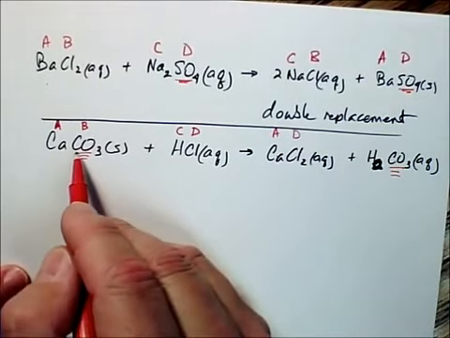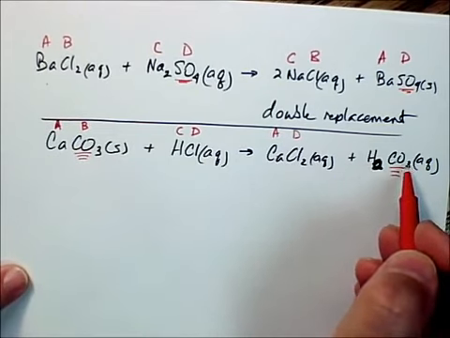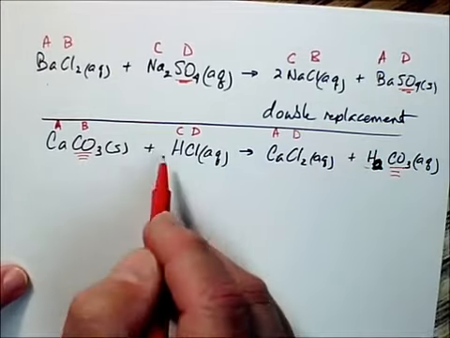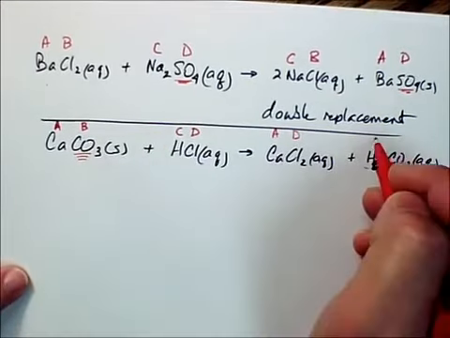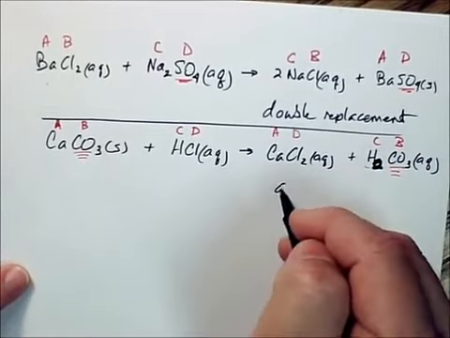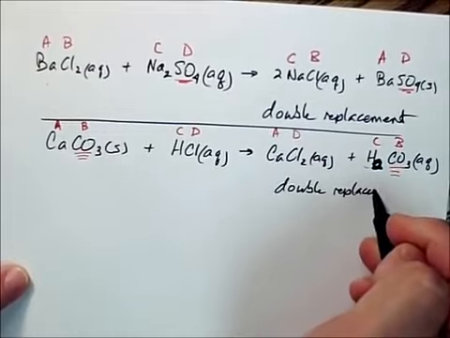H should join up with CO3, and sure enough, H joined up with CO3. There may be more than one H, but H joined up with CO3. So C joined with B. And that is also then double replacement.